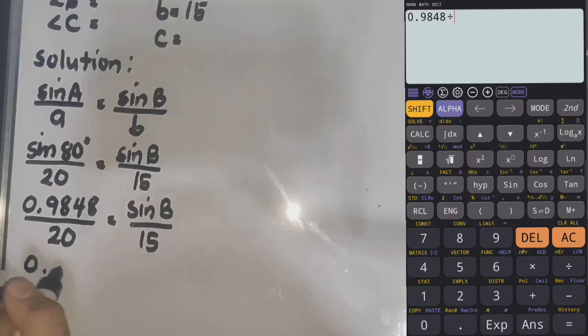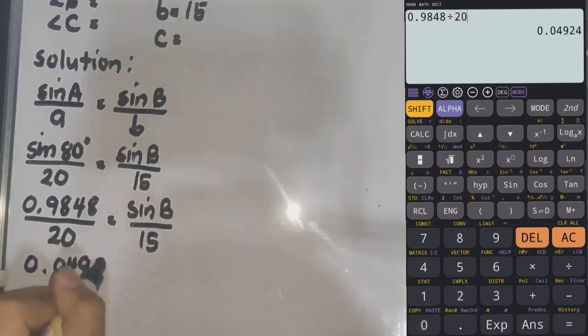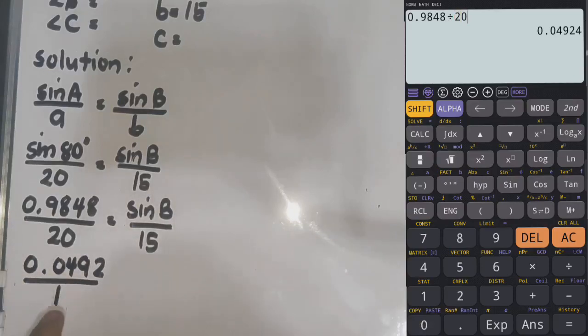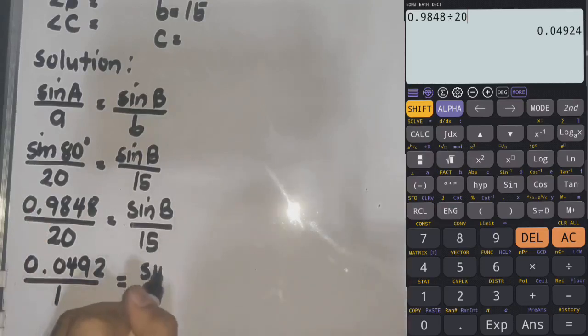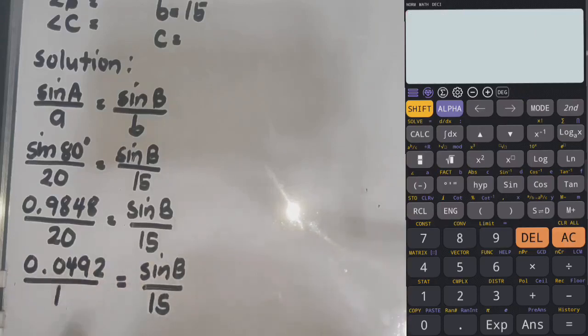I-divide natin yung dalawa, 0.0492. So, over 1. So, bakit ang denominator ay 1? Kasi dinivide natin yung dalawa. 1 na lang yung denominator niya. Equals sine of angle B over 15. So, dito, mas madali na tayong mag-multiply. So, cross-multiply.